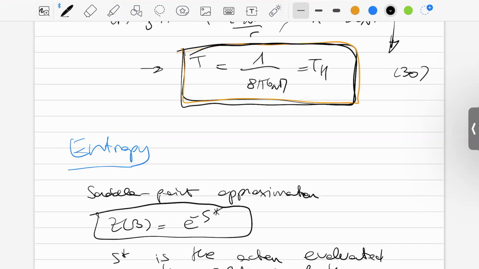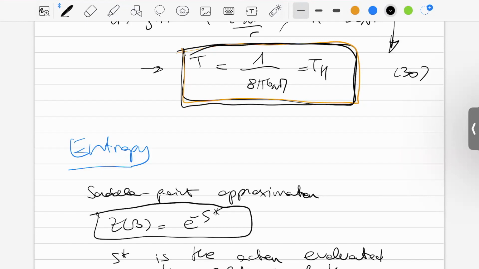You see that there is no more integral there. This saddle point approximation you do also in quantum mechanics, I think. The idea is that you expand the action, you do a Taylor series of the action, and then at some point you will have a quadratic expression in the exponential.